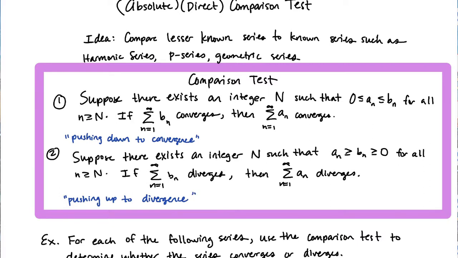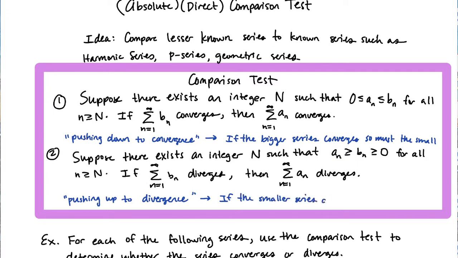So for condition 1, if the bigger series converges, so must the small. And for divergence, if the smaller series diverges, so must the larger. These sentences are not mathematically rigorous by any means, just trying to give you a little bit of a mnemonic to help you navigate this notation.